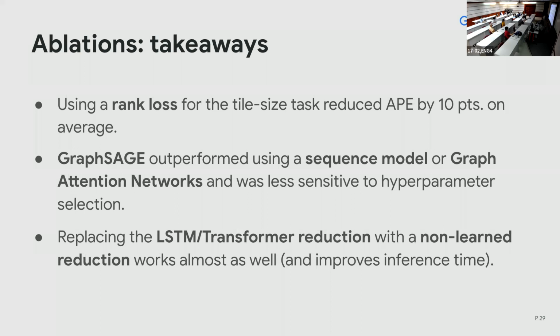For the reduction model, we also considered other sequence models like LSTM and transformer, instead of a simple non-learned reduction model. We found that it helps, but only a little bit. So if we are interested in a smaller model and better inference runtime, then a non-learned reduction seems to work pretty well already.